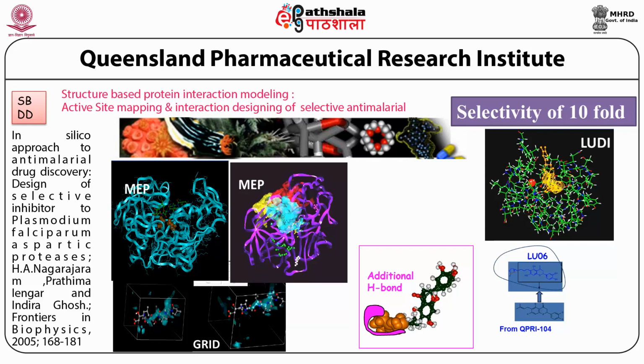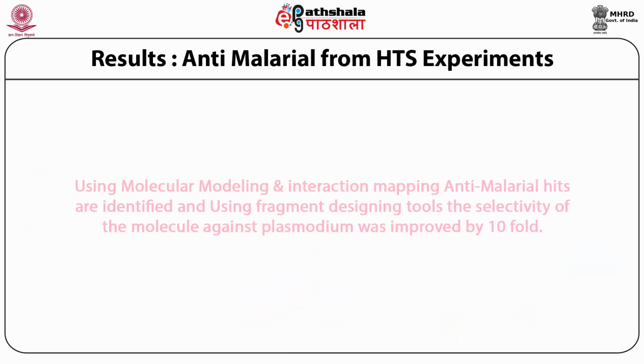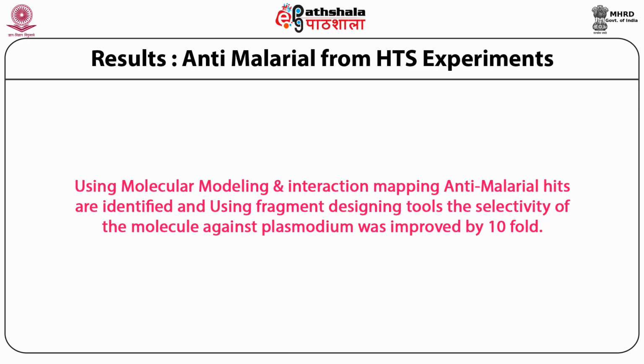Hence, the increase of selectivity was 10-fold. So this molecule was taken to the next level of design, for other experiments to quantitatively find the solubility, etc. This is a study of molecular modeling from high-throughput experiments, and the result is a large 10-fold selectivity.